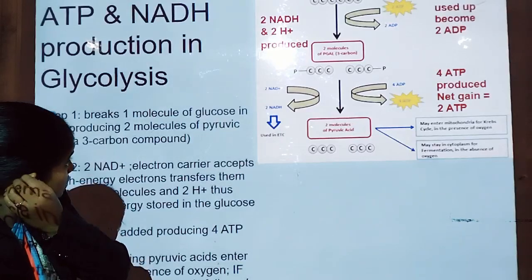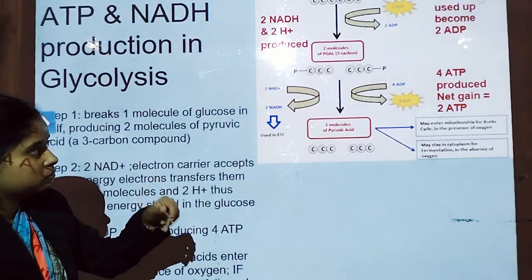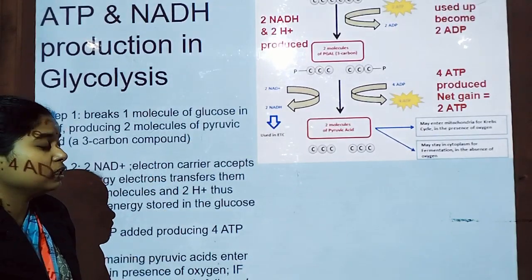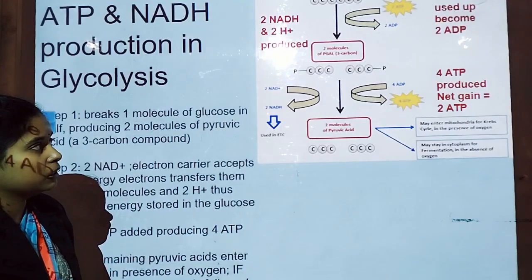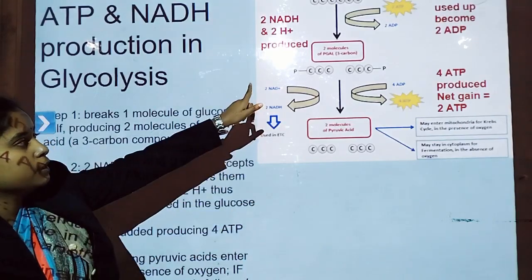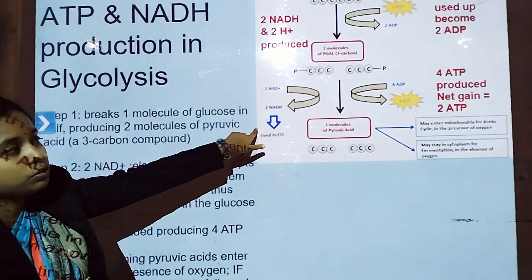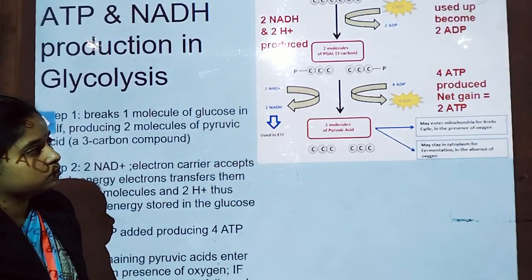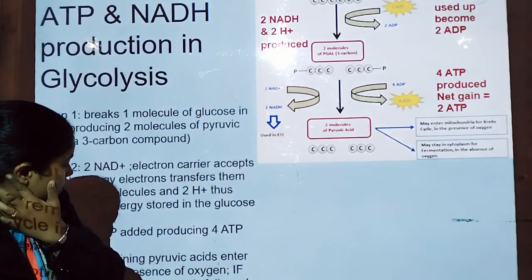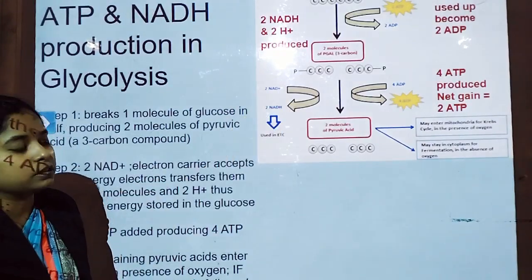Here is phosphoglyceraldehyde, which consists of 3 carbon and contains phosphate, so one ADP attaches to the phosphate to form ATP, and again another ADP attaches to a phosphate to form an ATP molecule.